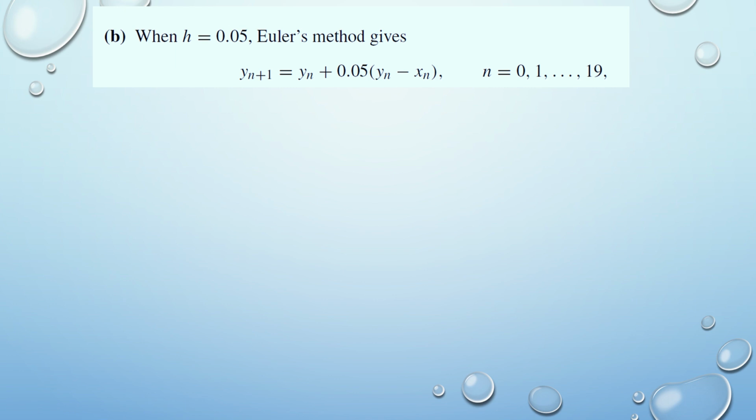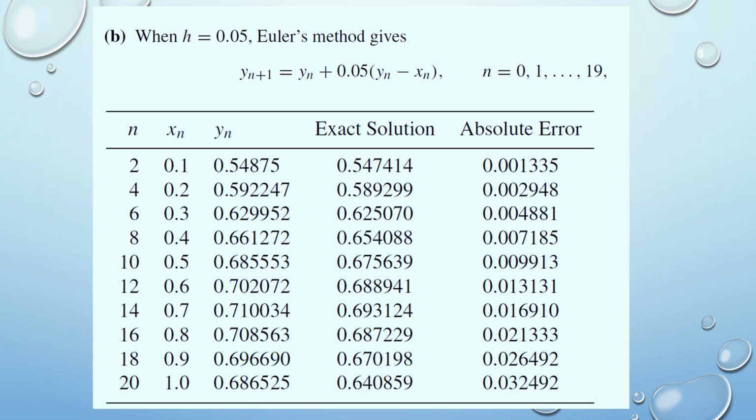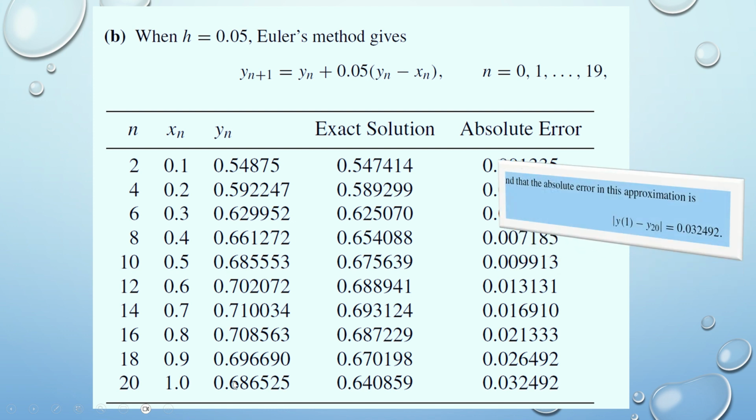You see that when h is equal to 0.05, we have this formula now, and by using the calculator you can find all these values which are yn. These yn are the approximate values, whereas the exact solution is also given. You can find the error between the last value y20 and the exact value.